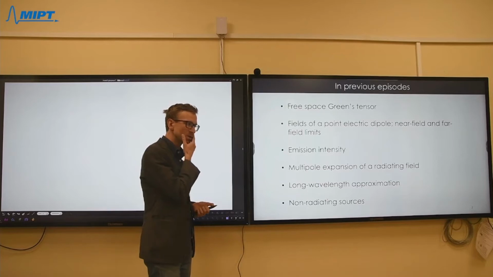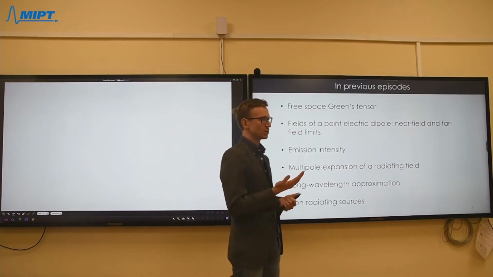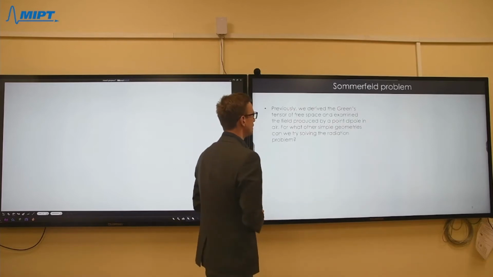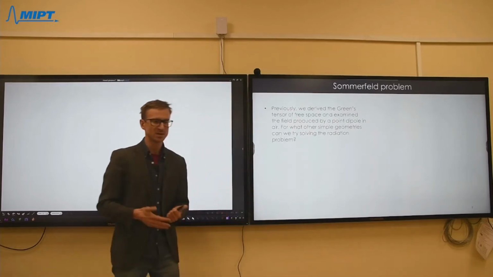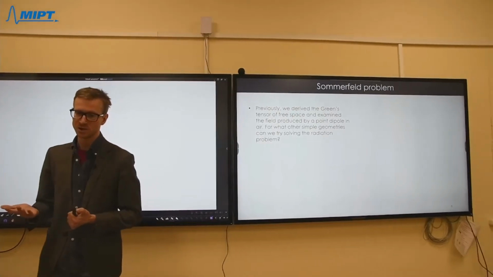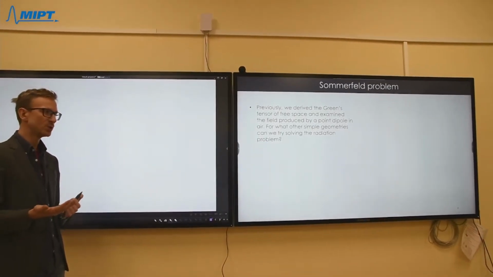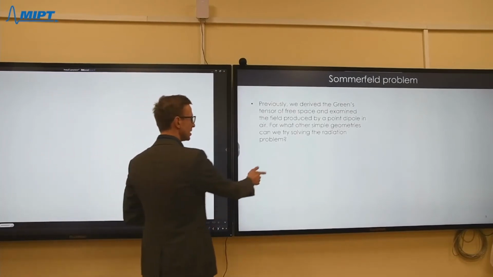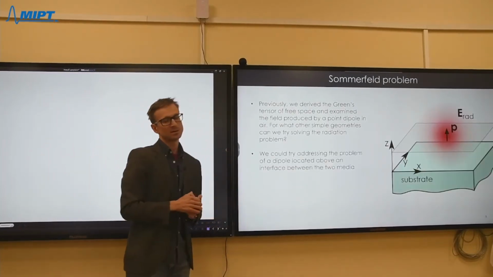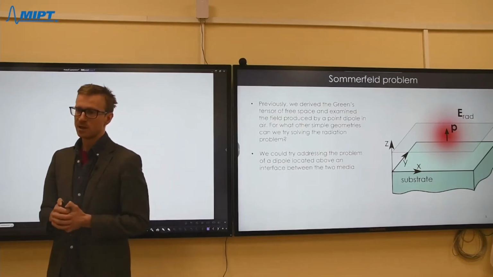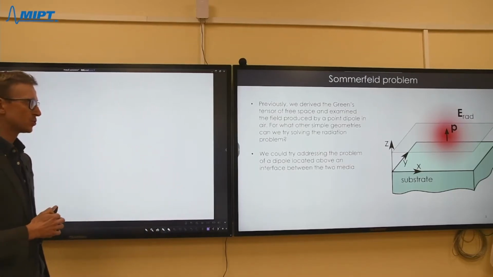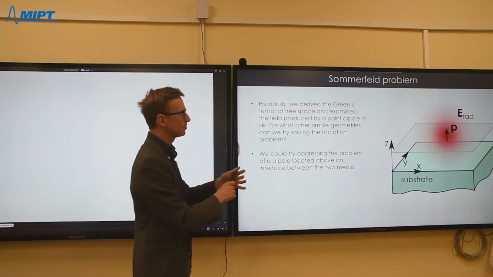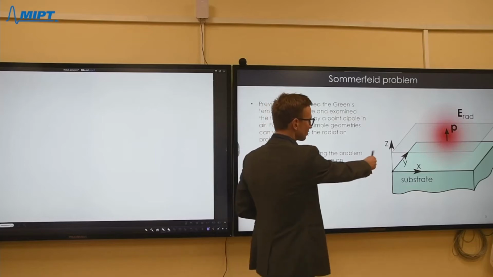And today we're going to start addressing such radiation problems in more complicated scenarios. And we could ask, what is the simplest non-trivial radiation problem, non-trivial geometry in which we could try solving the radiation problem? And perhaps the simplest geometry is a point source placed above an isotropic substrate. So we have two half spaces, the upper half space and the lower half space.